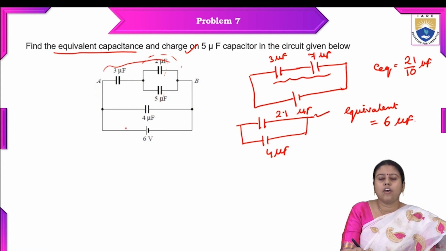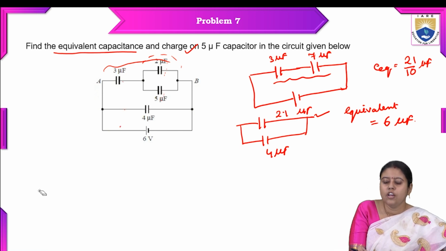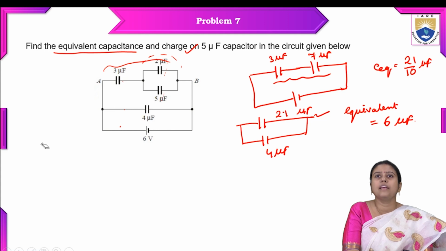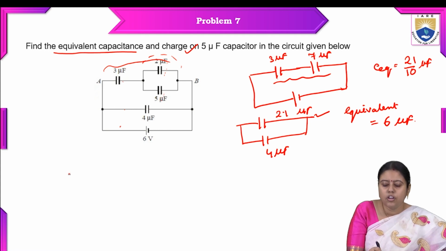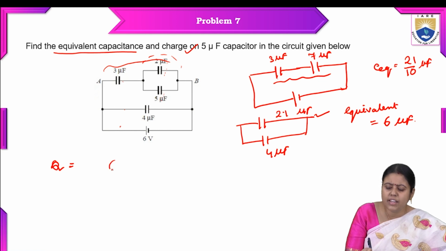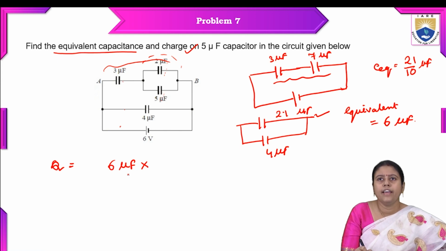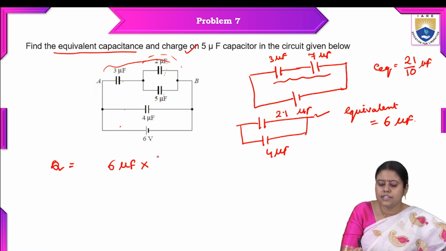These two lines are in a parallel combination, so the voltage across AB is again 6 volt. So what is the total charge on this branch? The voltage is 6 volt.